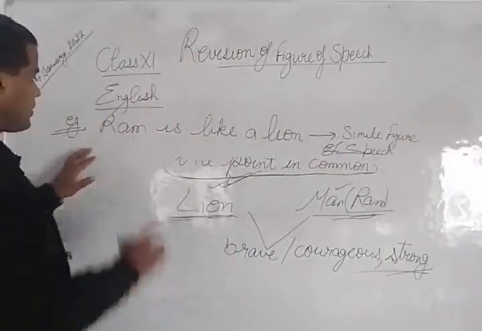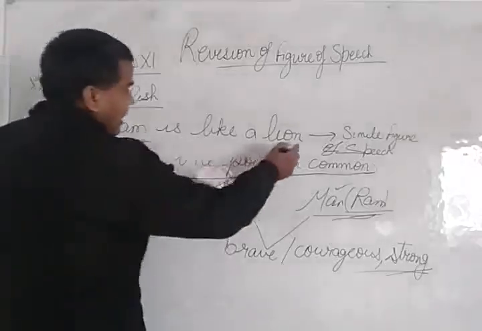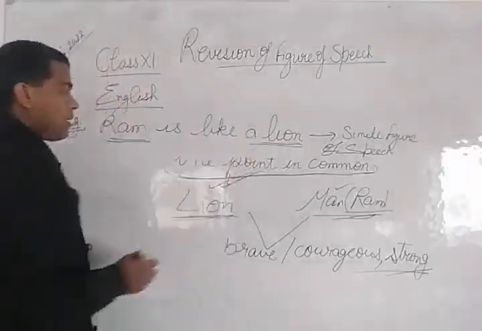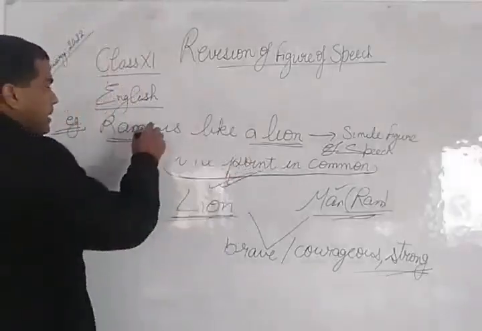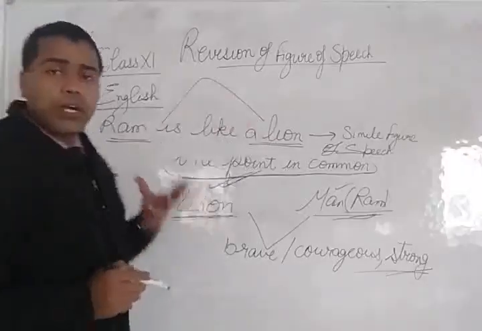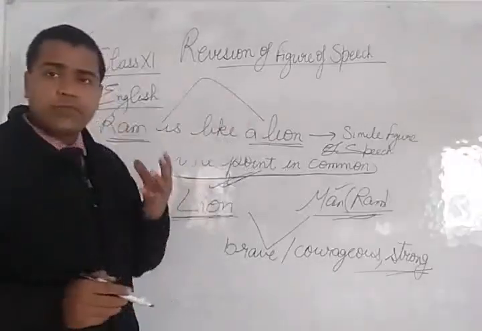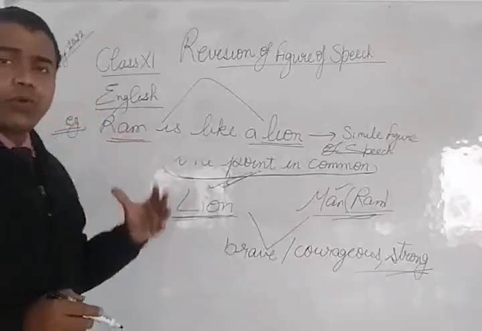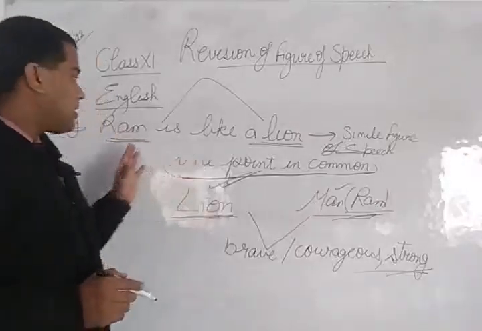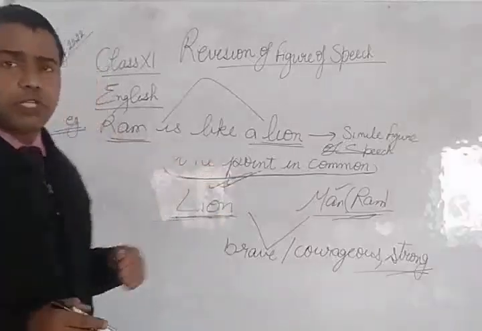Ram is a different thing and lion is a different thing, and we are comparing Ram and lion. And which word gives you knowledge that this sentence consists of figure of speech?